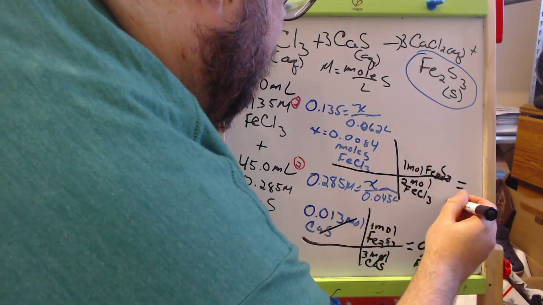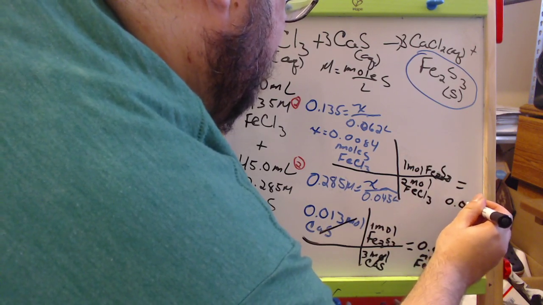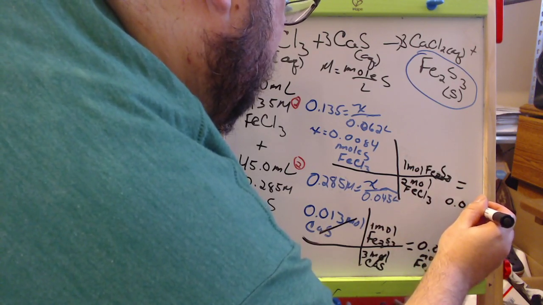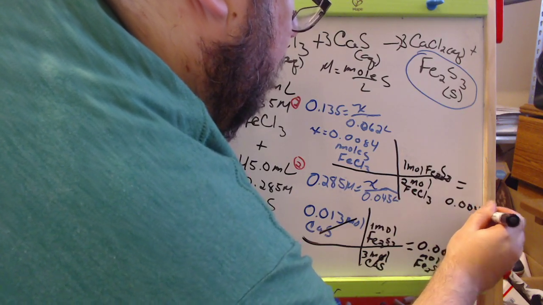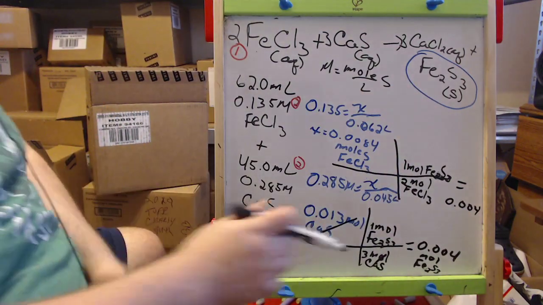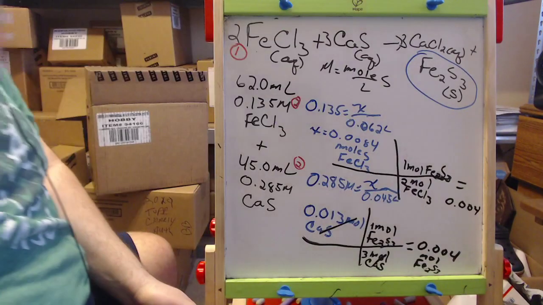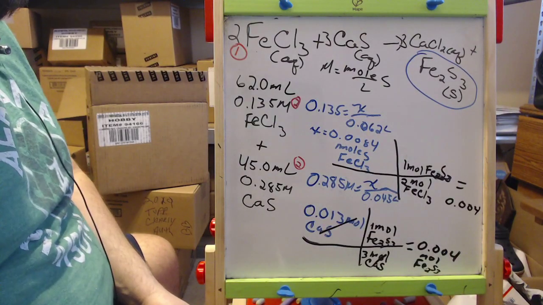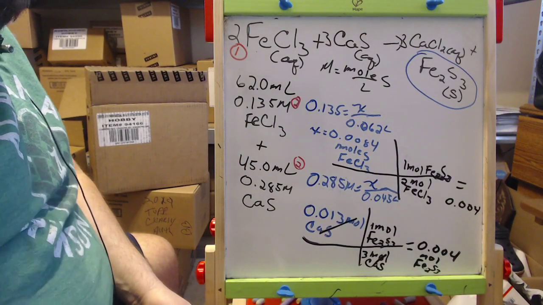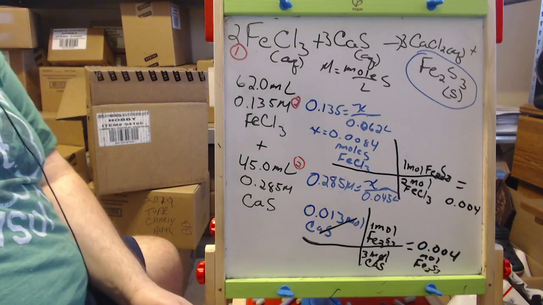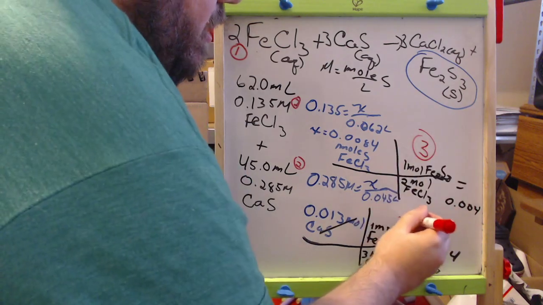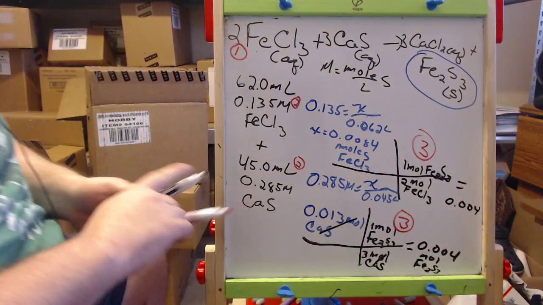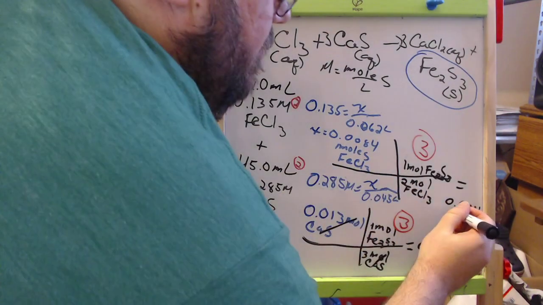This one's also going to be 0.004 and change. This one's like 4.2. This one's 4.2 and change. So, this is step 3. Figure out your moles of your product to figure out your limiting reagent.